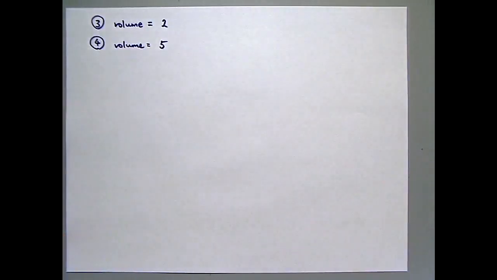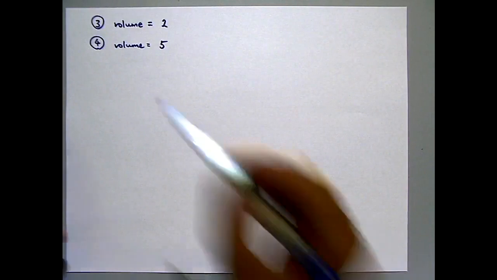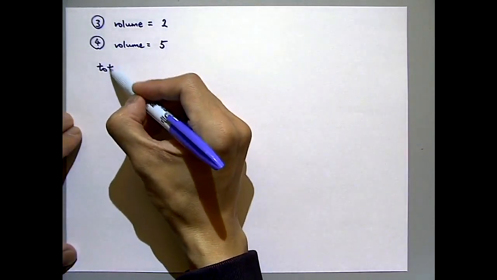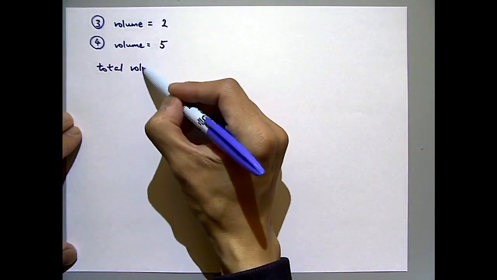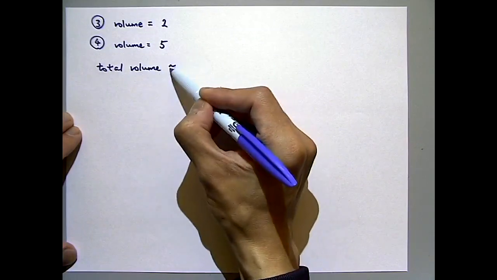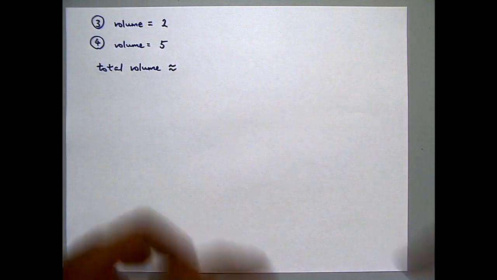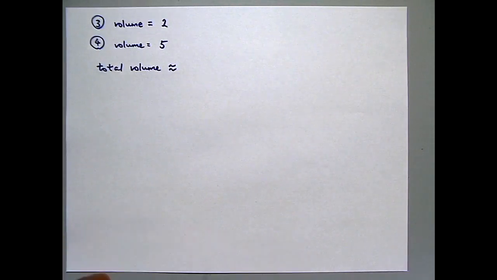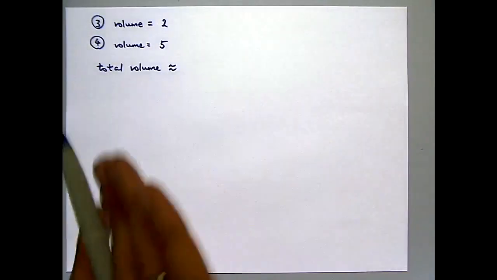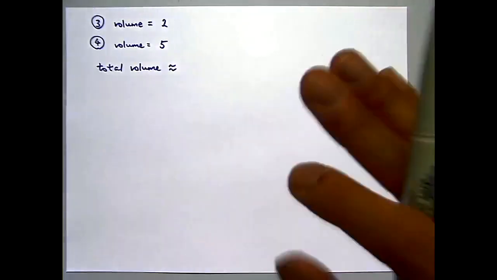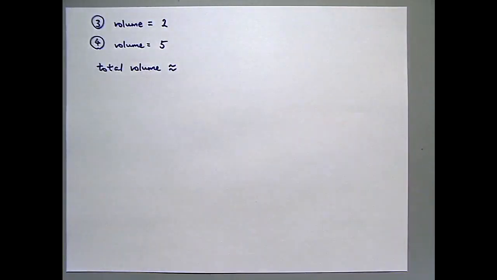All right, so now we got the 4 volumes of the 4 little columns. And therefore, the total volume, of course, this is an estimate because we're using these flat rectangular columns. That surface will in general be curved. We can't get the exact answer doing this. It may come pretty close, but in general, it won't be exact.